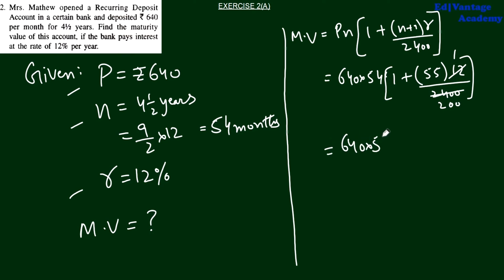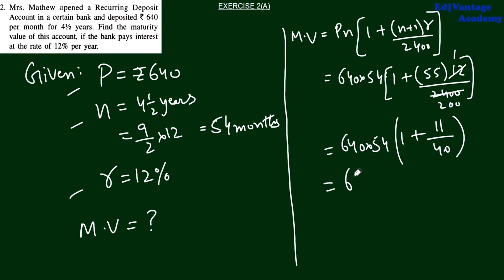I'll not multiply 640 and 54, because I know something will come in the denominator and it can get cancelled. That will be the LCM part. So 55 by 200, when reduced, comes to 1 plus 11 by 40.